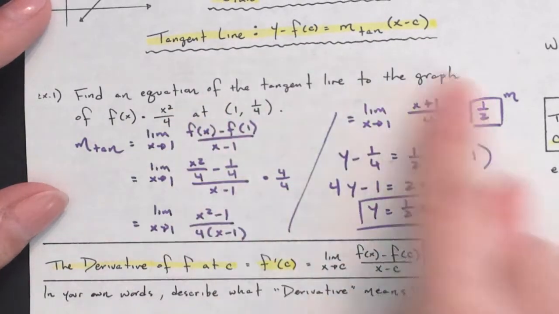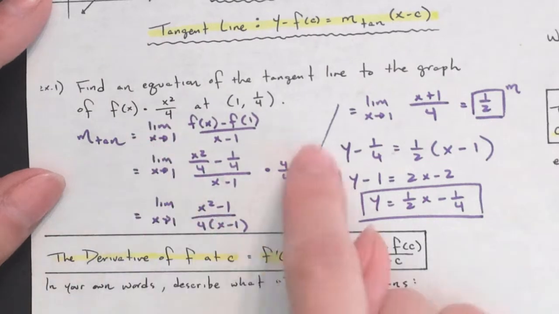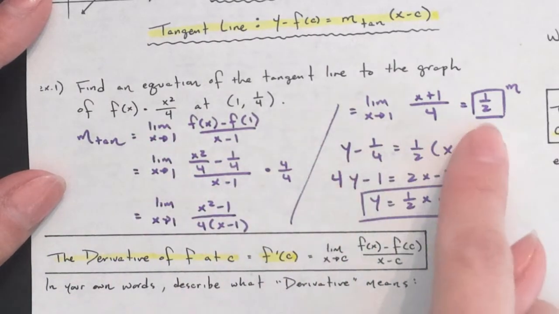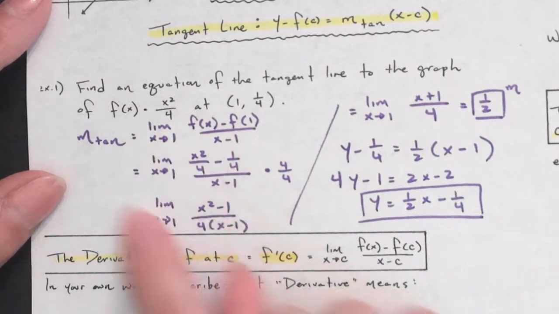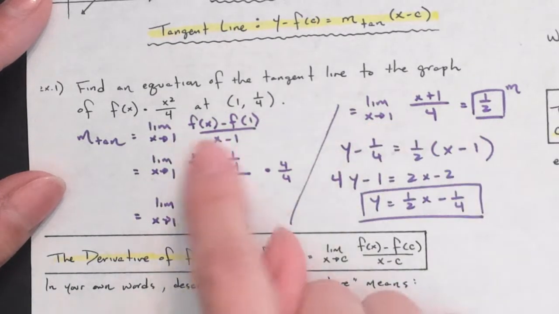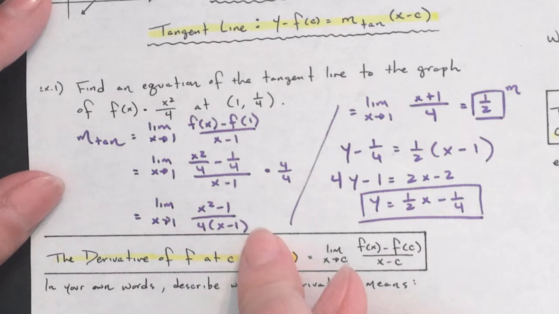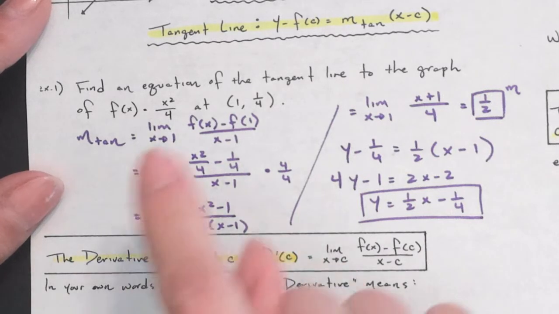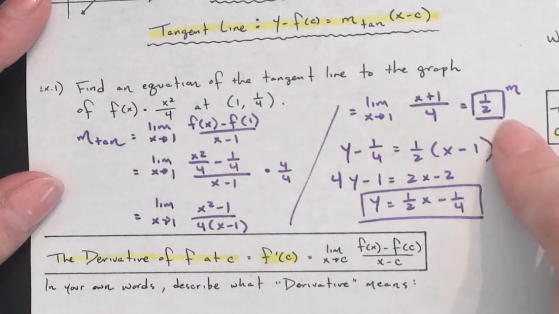The reason I'm going through this pretty quickly is because we've already done this part where you find 1/2. So in our other notes, we've done the derivatives, but it wasn't called derivatives. It was called average rate of change. So we've done this average rate of change. We get 1/2.